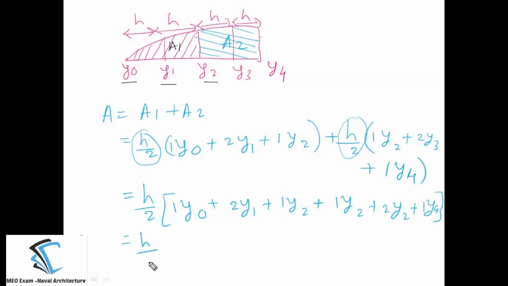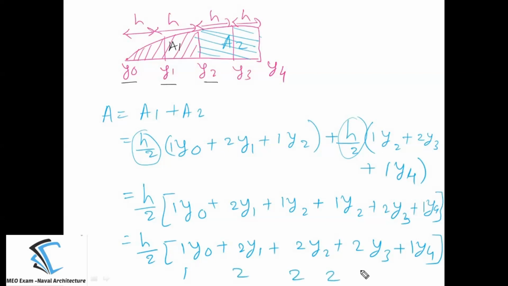So if you do this, it will come like this: 1 y0 plus 2 y1 plus 2 y2 plus 2 y3 plus 1 y4. Now you can see the coefficients of the ordinates become 1, 2, 2, 2, 1.